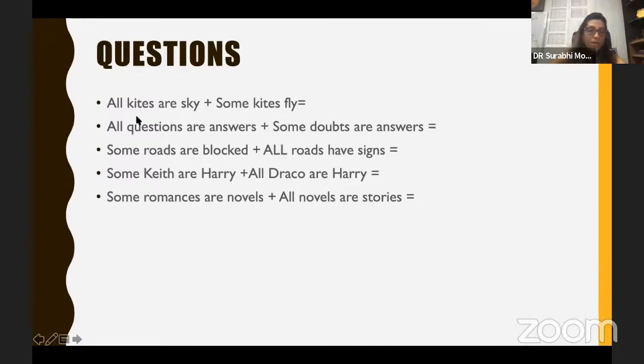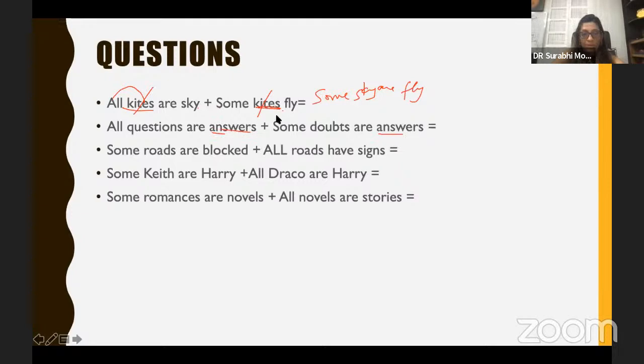So let's mark the middle term and see. The middle term is kites. It is distributed. What will be my answer? Eliminate the middle term. Some that fly are sky, or some sky are fly. Isn't it? Let's do the next one. The middle term is answers.